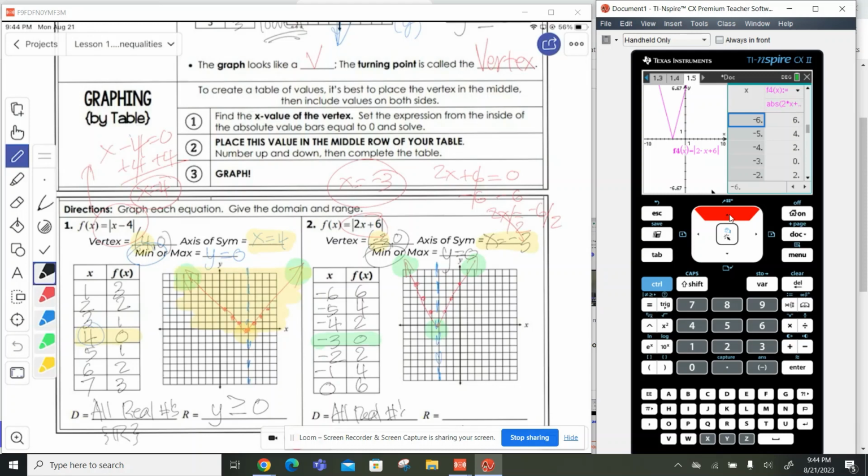Okay, and the range, let me highlight the whole function again. All the points are above y equals 0, so therefore the range will be y greater than or equal to 0. So that completes the graph of the absolute value function f of x equals |2x + 6| and identifying the properties: the vertex, axis of symmetry, minimum or maximum, domain, and the range.